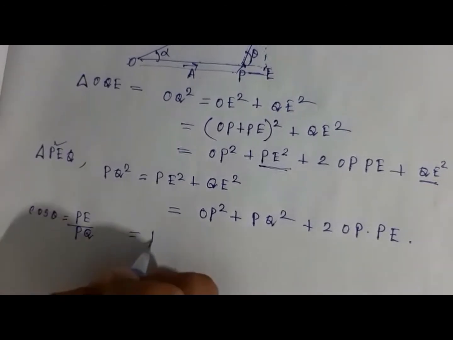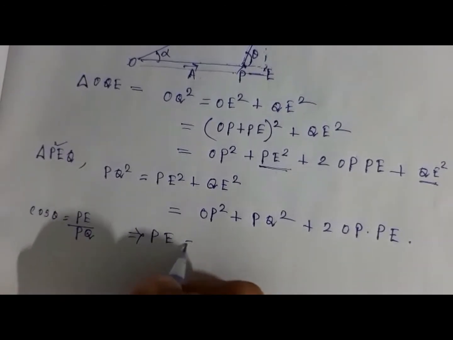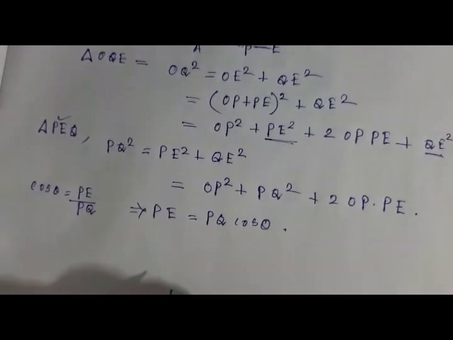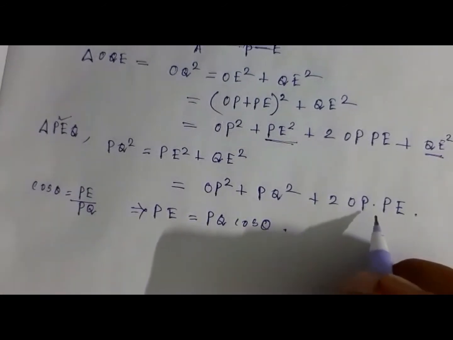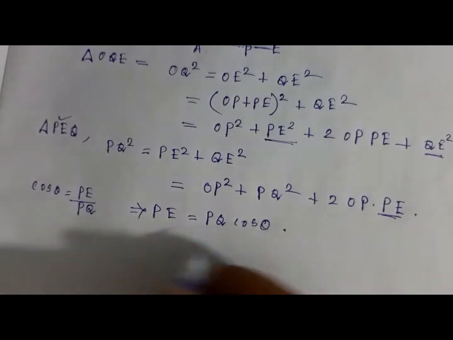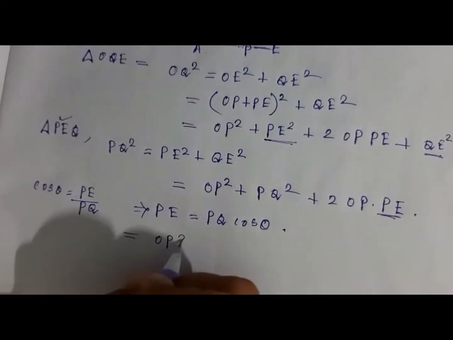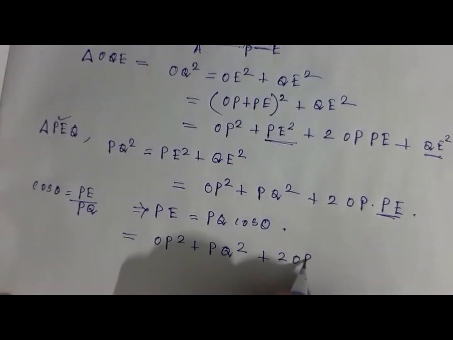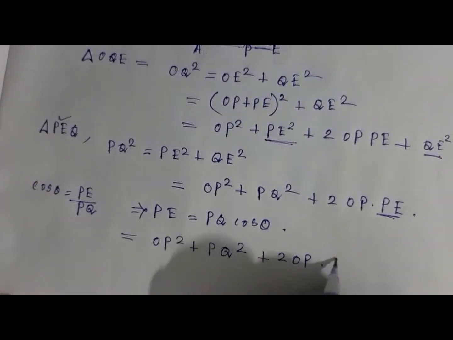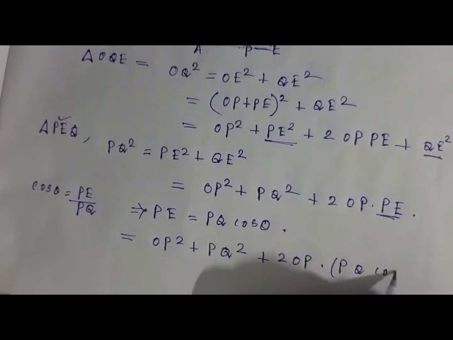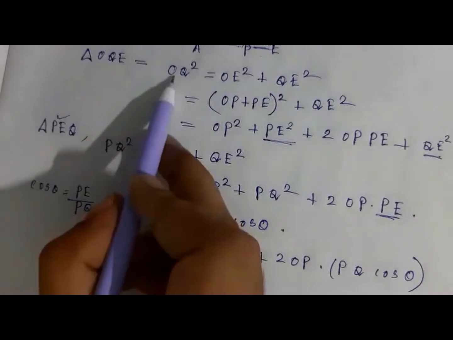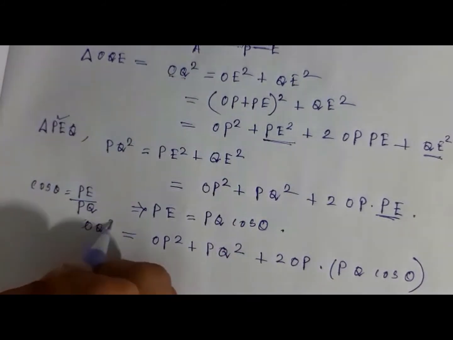So you can write your PE equals PQ cos theta. So you can substitute over here in place of PE: OP square plus PQ square plus 2 OP PQ cos theta. Alright, now what you had on this side, OQ square.